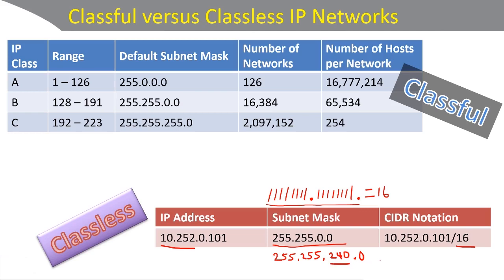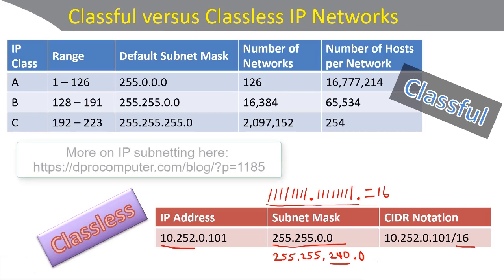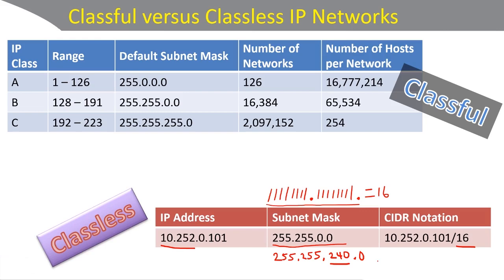And what that does is it divides up our network into 16 subnetworks that we can use within TCP/IP. So this goes on and on. But the key here is that with classless, you don't really care about A, B, or C because we can use whatever subnet mask we want.